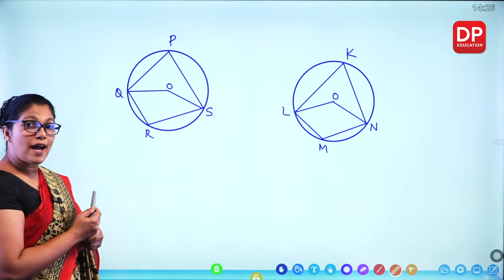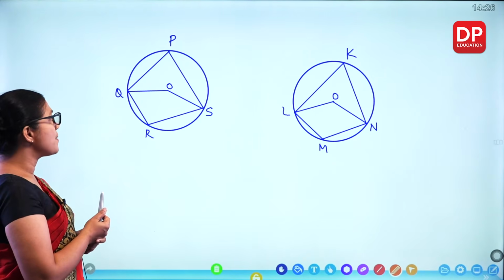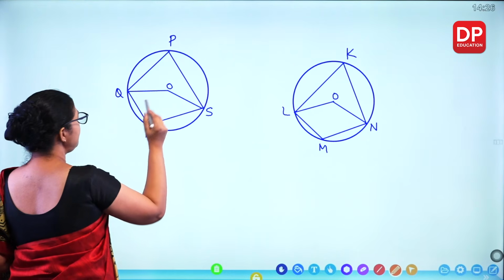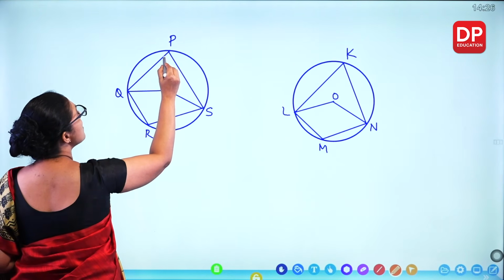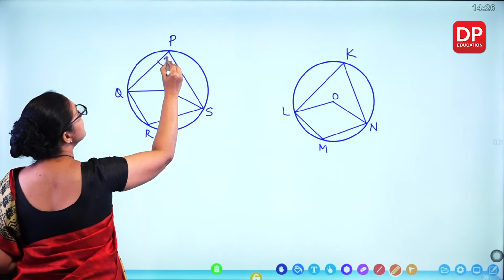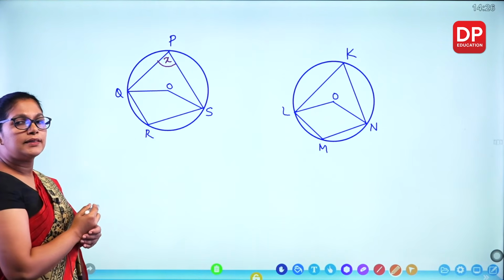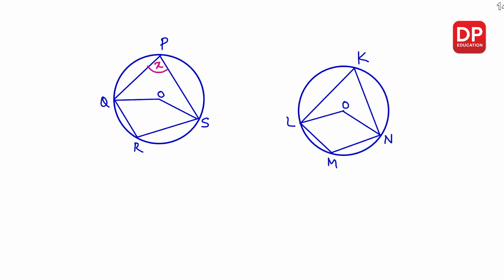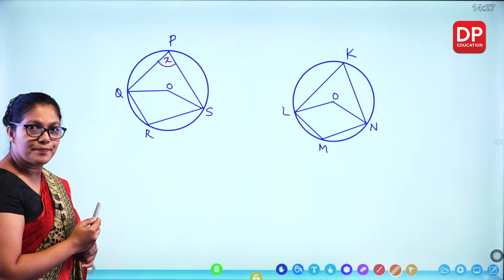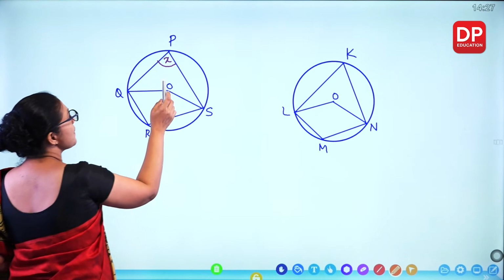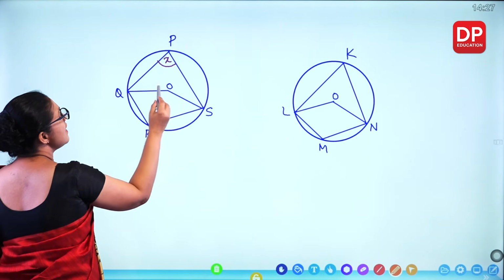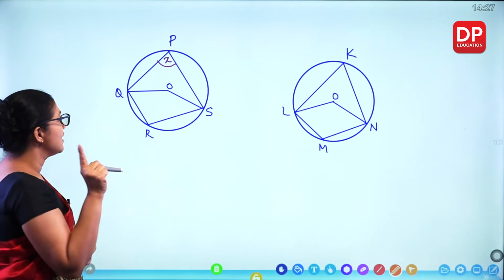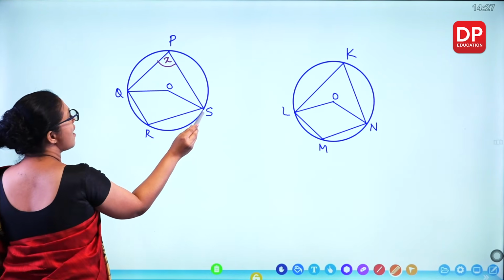Now we'll try to find out the relationship between opposite angles. We'll take this one as X. Can you remember the theorem that we did related to cyclic quadrilaterals? Here, this is the angle subtended at the center by the QS arc.